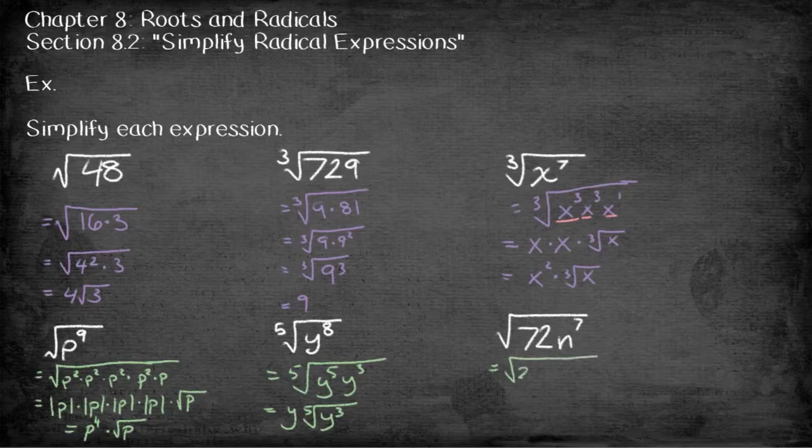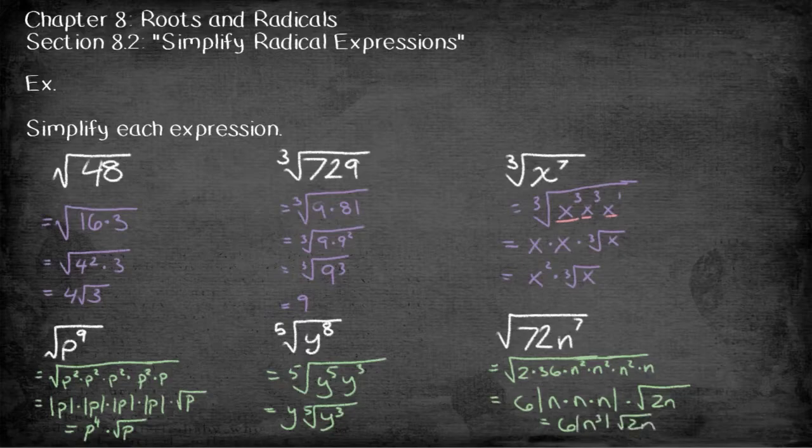We can write this as 2 times 36 times n squared times n squared times n squared times n. So I get 6 times the absolute values of my n's, and I'm left with the square root of 2n. So 6 times the absolute value of n cubed times the square root of 2n.